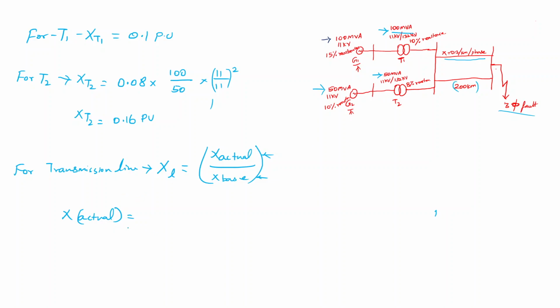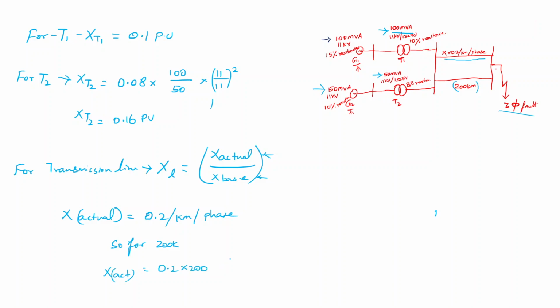So for 200 kilometers, X actual is equal to 0.2 into 200.